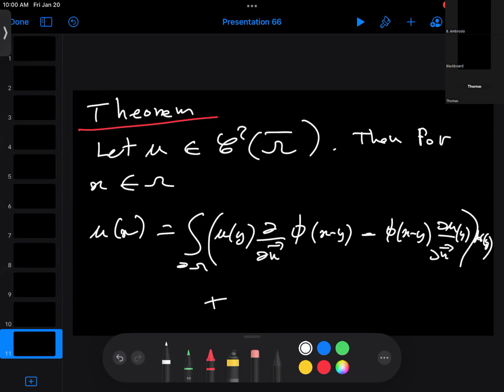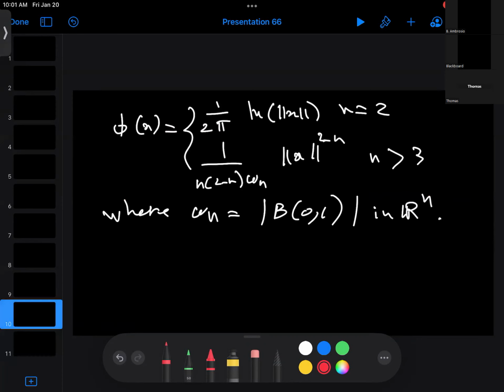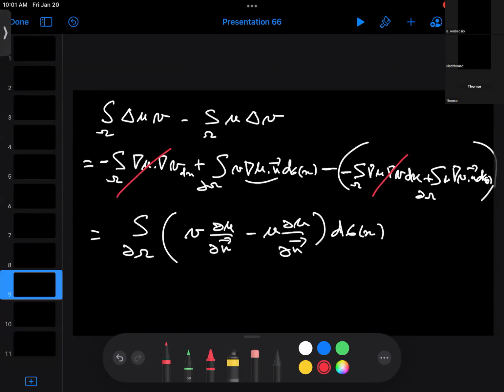And then I have to add plus the integral over omega of Laplacian u, it's not the boundary here, of course, times phi of x minus y dy. So I just apply the formula. The idea of this formula is what? I apply the expression that I obtained in the exercise. Where is the exercise? Yeah. So I apply this.